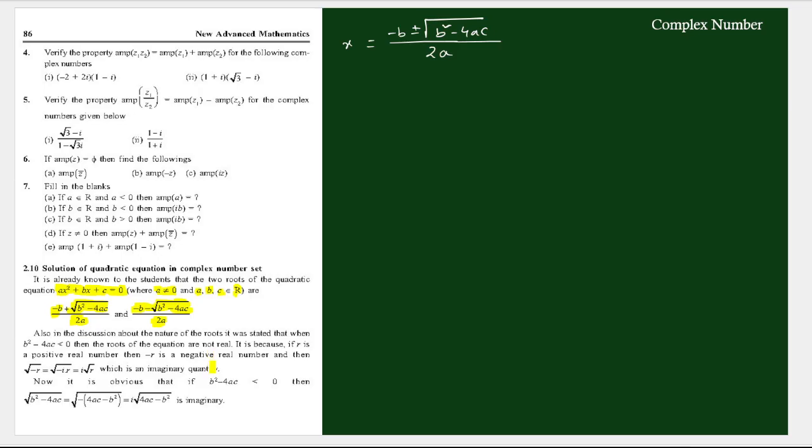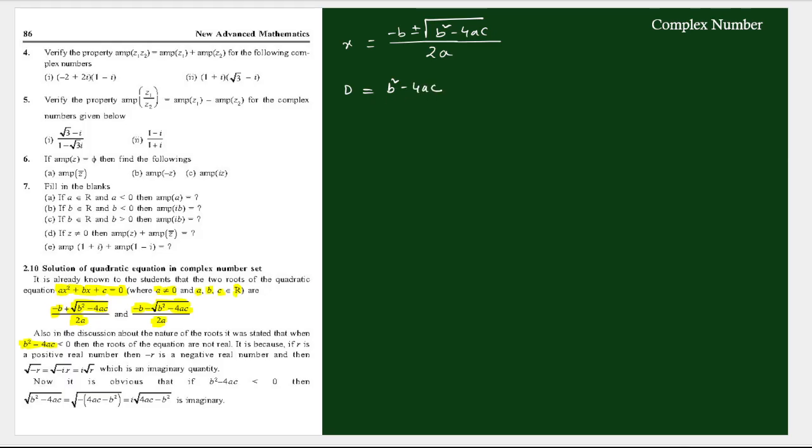If it is less than 0, then it is not called real numbers. The roots are not real, we used to say. So this one, b square minus 4ac, is called the discriminant, D. The D of a quadratic equation is b square minus 4ac.